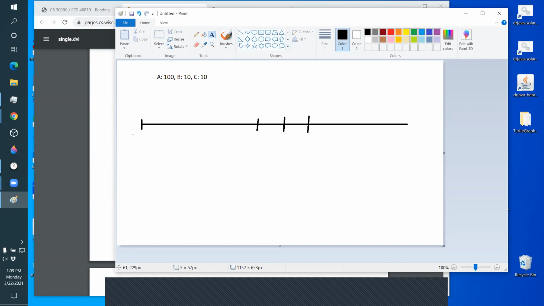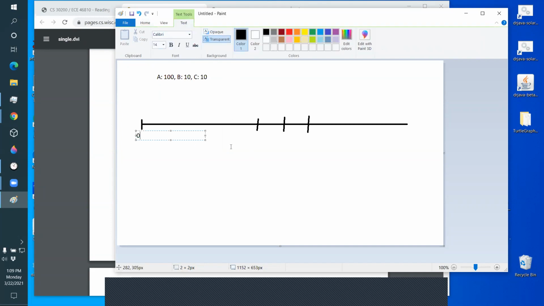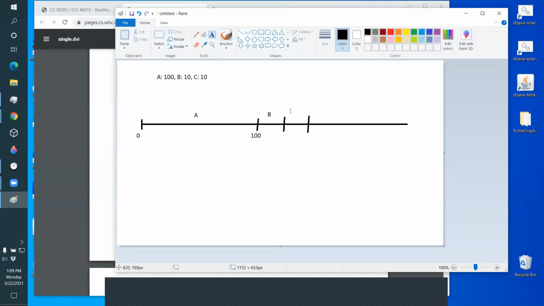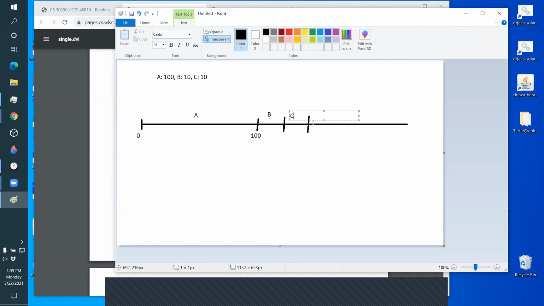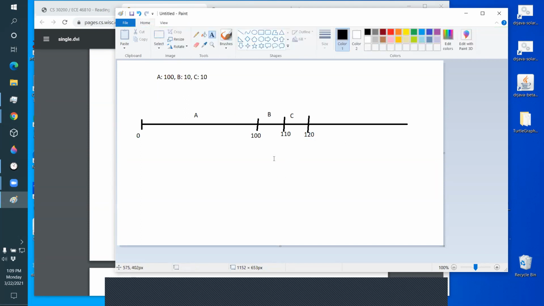So this will be time 0, and then at time 100, we can start. So we're running A all this time, run B this time, and run C this time. And this would be 110, and then 120.